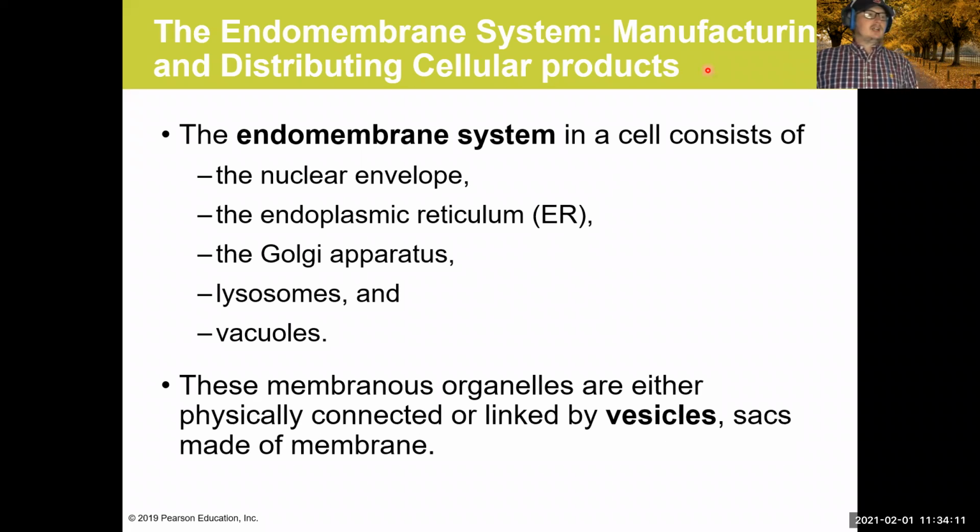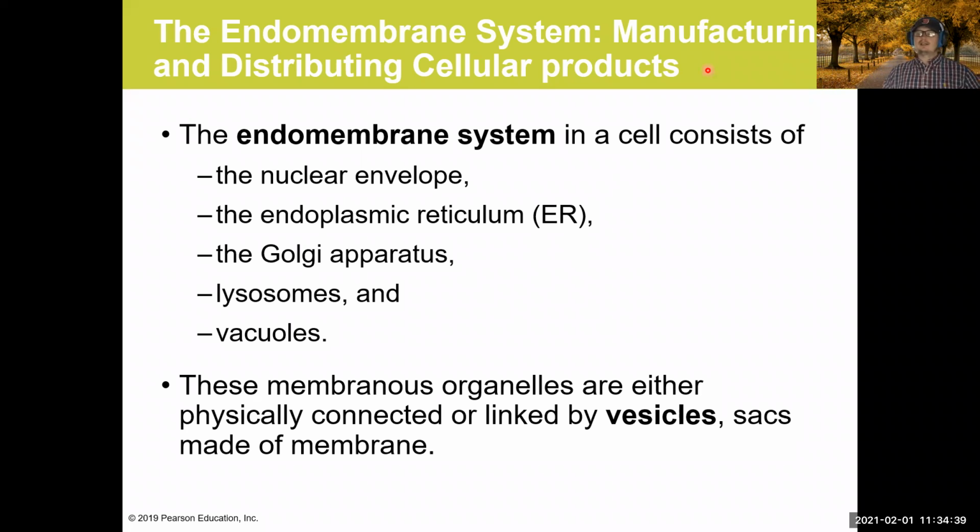If we break up the endomembrane system into its different components, it is made up of the nuclear envelope, which we talked about with the nucleus, the endoplasmic reticulum, which I will refer to as ER, the Golgi apparatus, and then some vesicles, which are lysosomes and vacuoles.